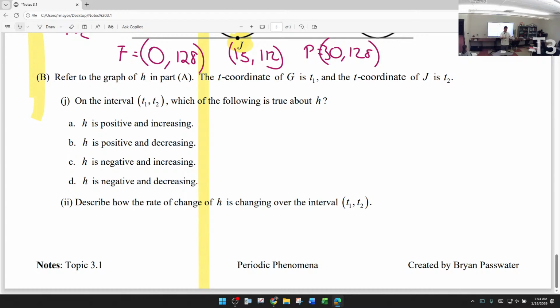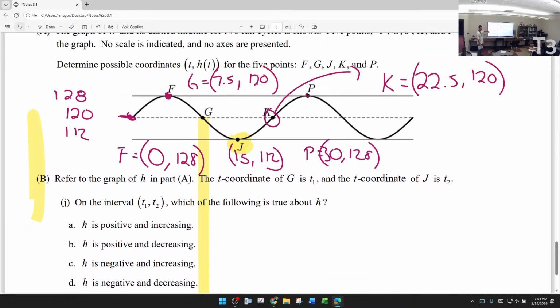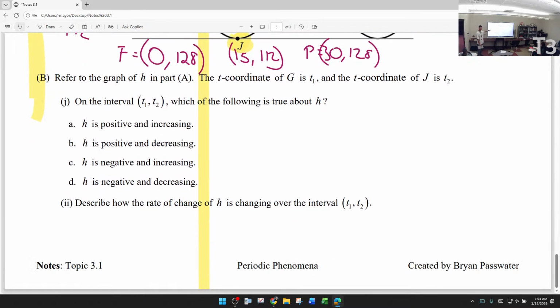B has question 1, A and B. And there's a D and a C.